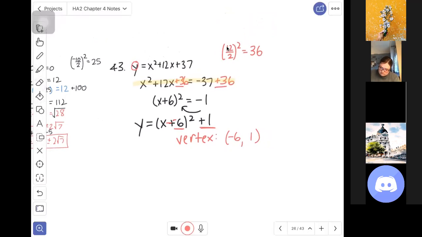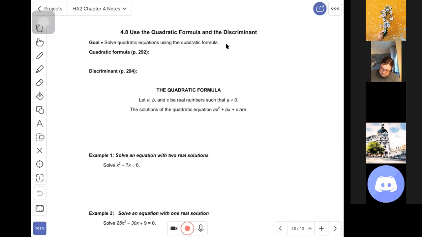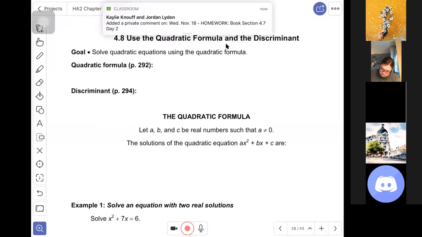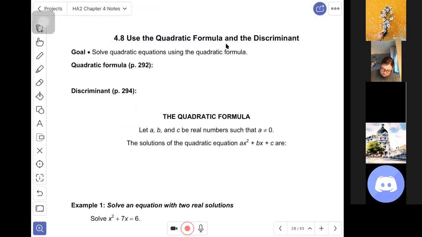So now let's head over to our notes. Page 23. So this is another way that we are going to solve quadratic equations. If we can't factor it, we can't take the number in front of the coefficient out evenly and complete the square. We can't use square roots.